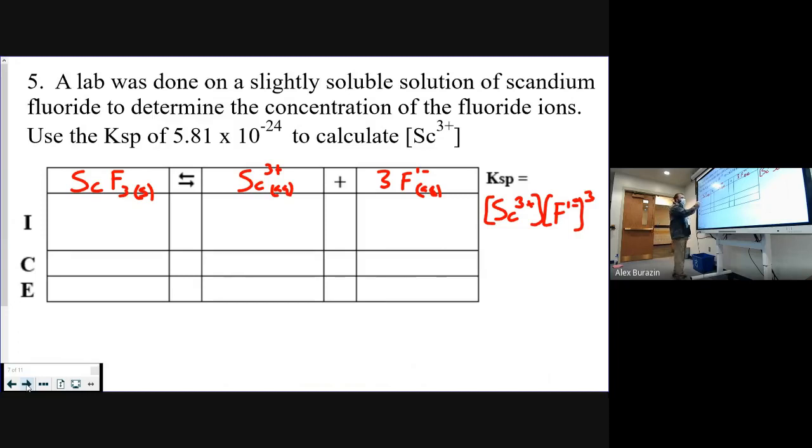But I'm always going to just make that X. In KSP problems, we're just going to throw an X value in for whatever this initial amount that can dissolve is. Now, I don't know how much of this is going to dissolve, but how much is going to break apart?